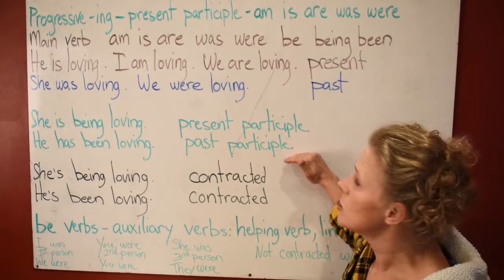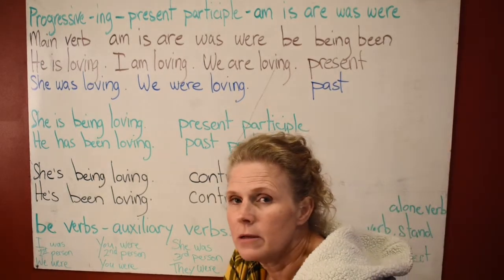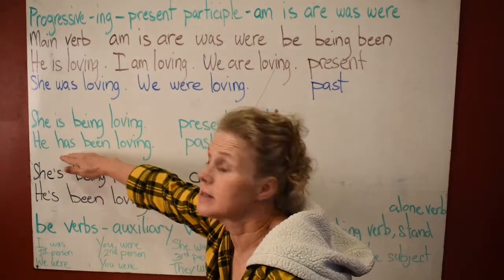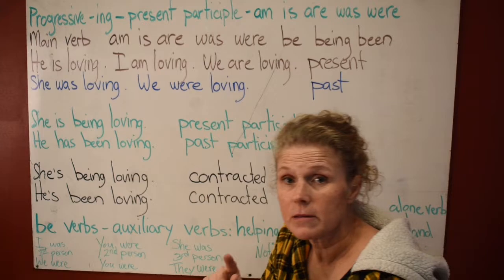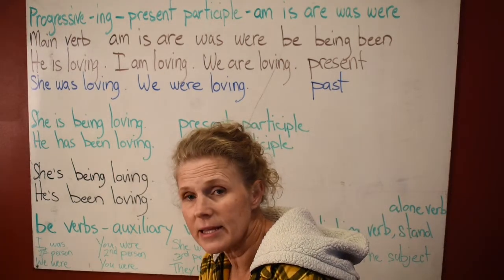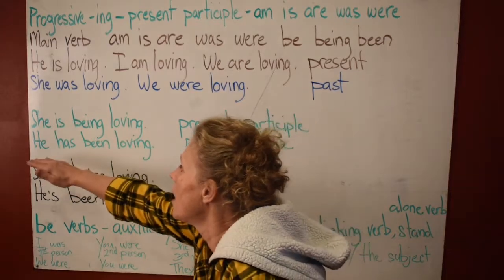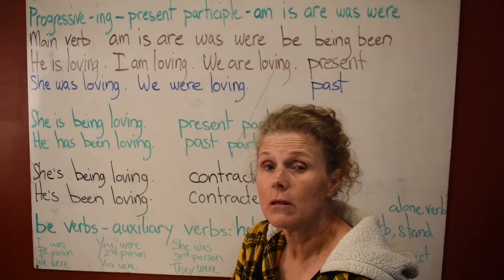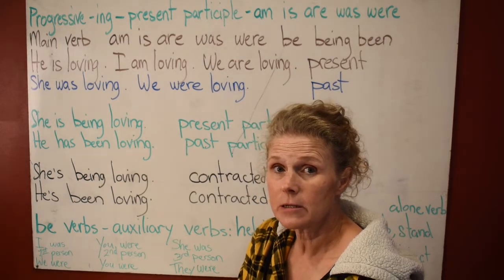Okay. But has is present though. It is, but it's in the perfect. So that's where you need to remember. Have is in the perfect too. Yeah, exactly. Have is in the perfect. So they have. Have is plural. Does that make sense? Yeah.